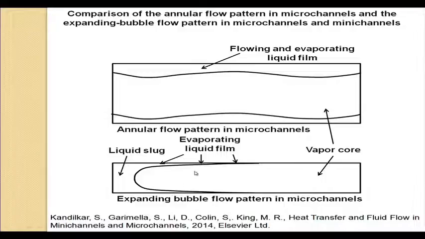It simply acts as a film under the growing vapor bubble rather than a flowing film, and therefore the heat transfer mechanism is similar to nucleate boiling, and we find that there is a strong dependence of heat transfer coefficient on heat flux during flow boiling in microchannels, which naturally again suggests the dominance of nucleate boiling.